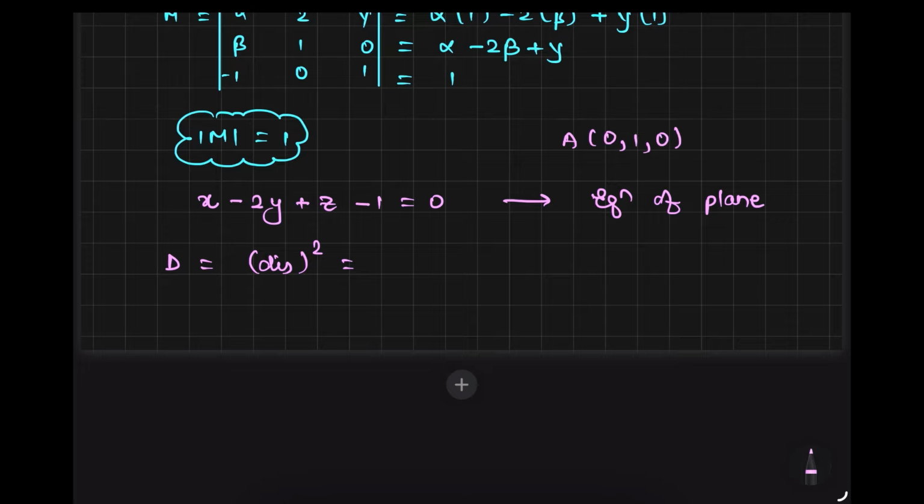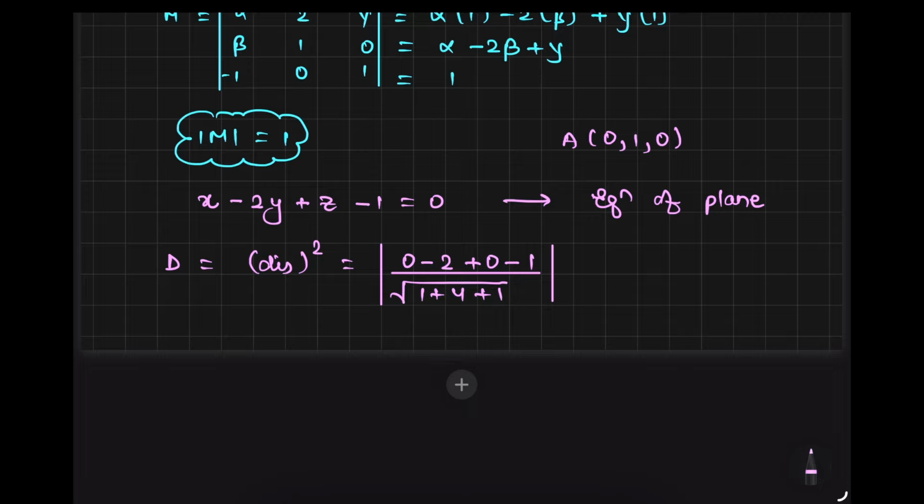So it is the point substituted into the plane equation upon root under a squared plus b squared plus c squared. So you got 0 minus 2 plus 0 minus 1, upon root under a squared plus b squared plus c squared.